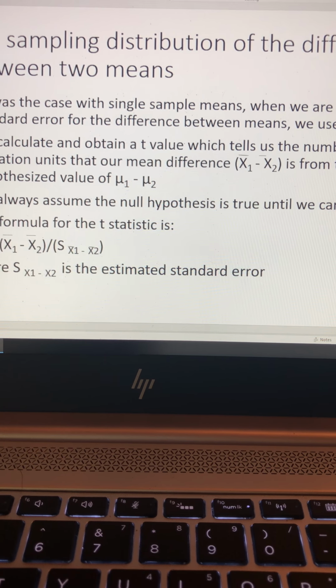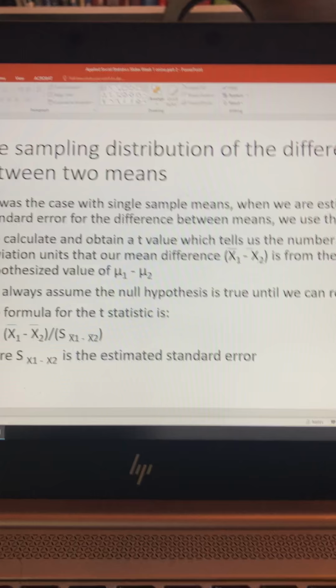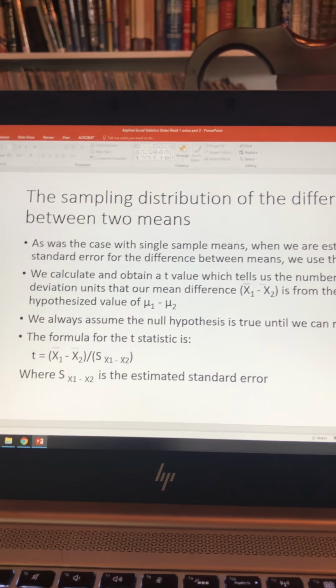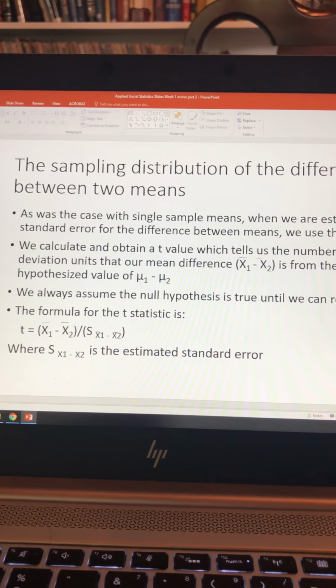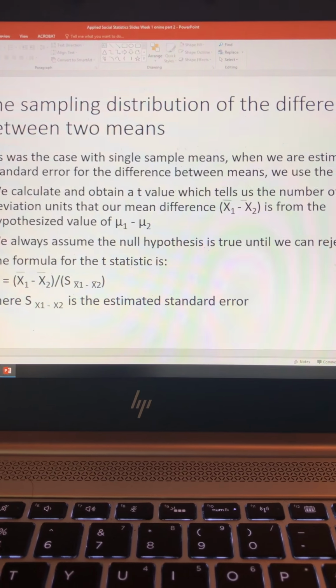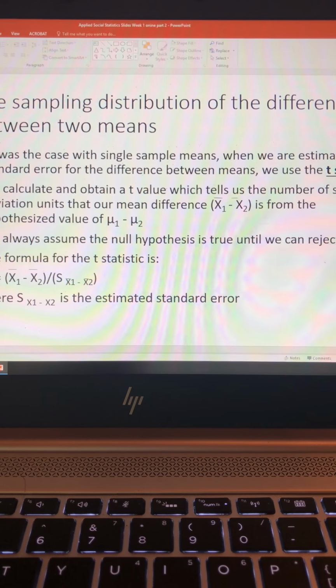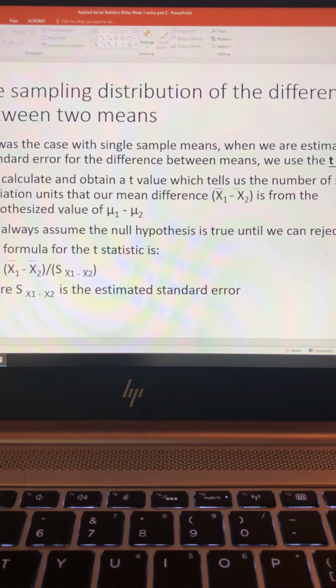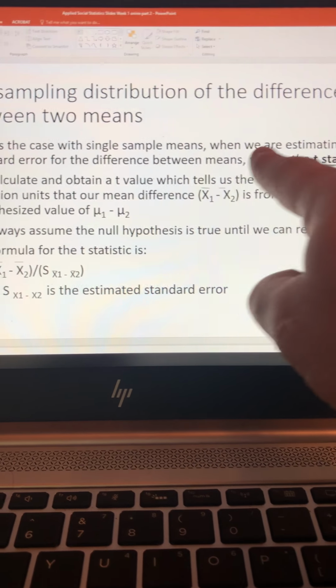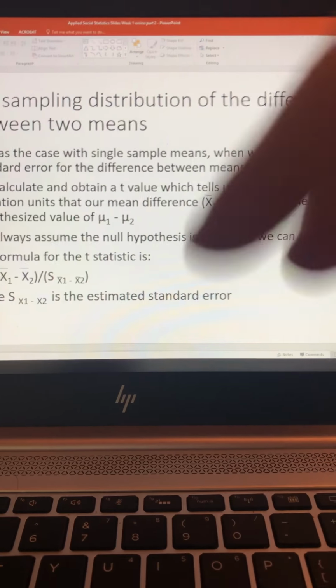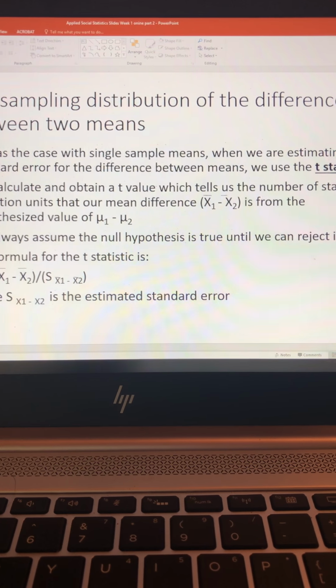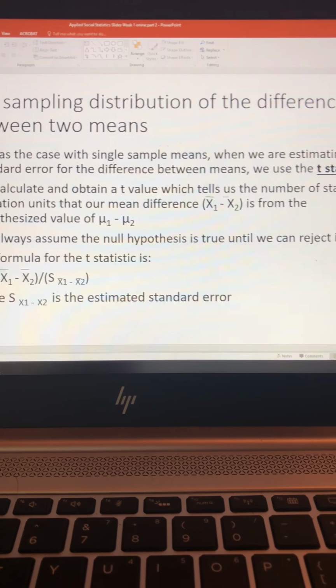Okay. So again, as was the case with the single sample mean, what we did on Wednesday, if we didn't know the population standard deviation, then we use the t-statistic to estimate the standard error.